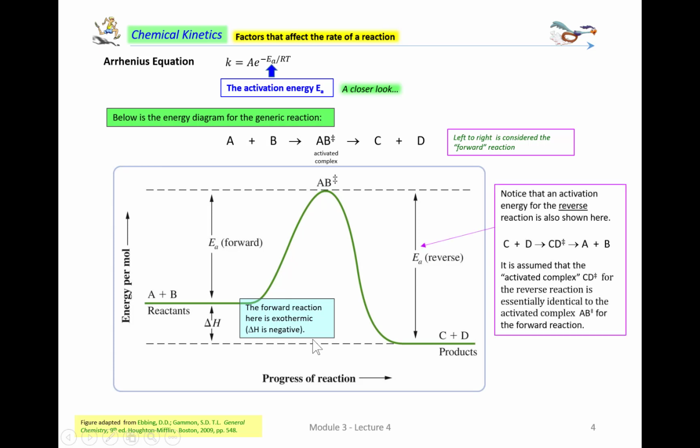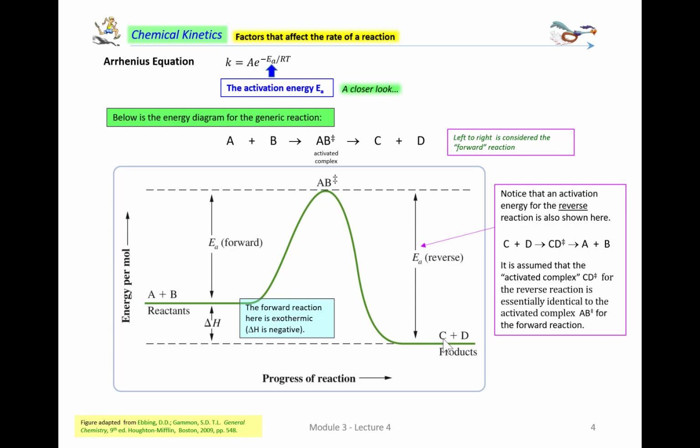The activation energy of the forward reaction is right here, and in this diagram the activation energy of the reverse reaction is labeled. You might ask, why would we worry about the reverse reaction? Well, we do worry about the reverse reaction sometimes.